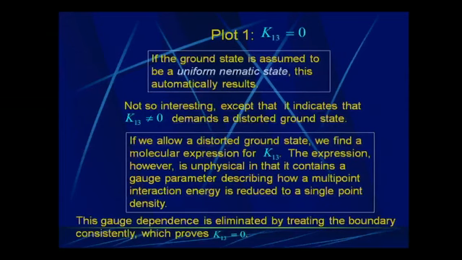Like I said at the beginning, the paradox indicates that when K13 is finite, the lowest energy distribution should be deformed. If we make a constraint that everything should be uniform, that automatically ensures K13 should be 0. So this is not a really interesting assumption from which we can develop our proof.